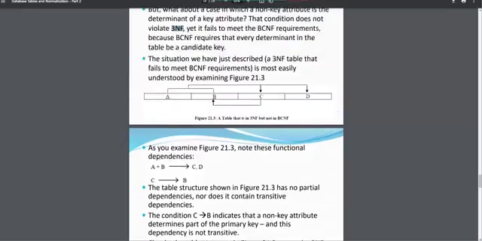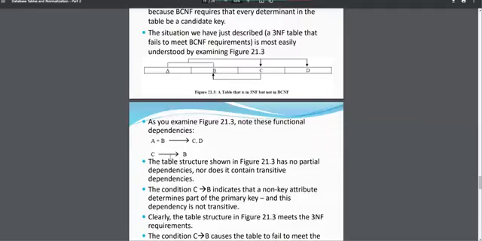Look at this one. Then A plus B, and C and D depend on A and B. That means C and D are determined by using A and B.